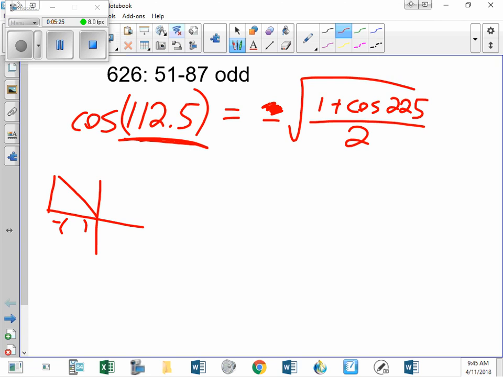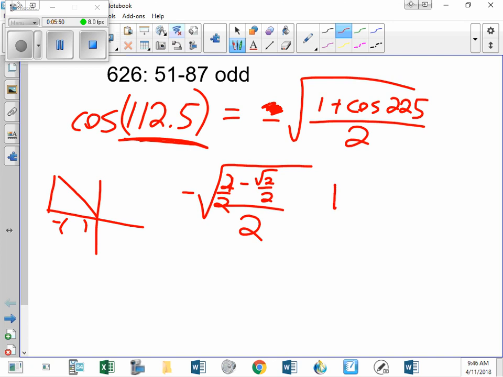Now, what is the cosine of 225? Negative root 2 over 2. So I have negative square root of (1 minus root 2 over 2) over 2. And this is exactly what we did before. I need to turn this into 2 over 2.